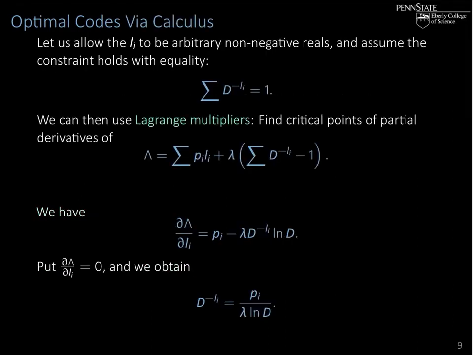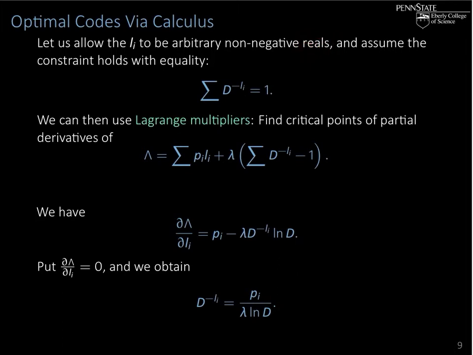We can get a pretty good estimate or idea of what the minimum expected code length should be using calculus. And in order to do that, let us relax the restrictive condition on the Li a little bit. Instead of requiring them to be integers, just let them be non-negative reals.